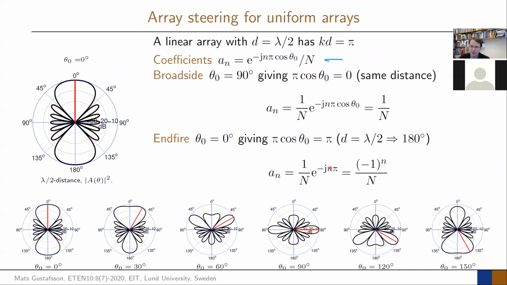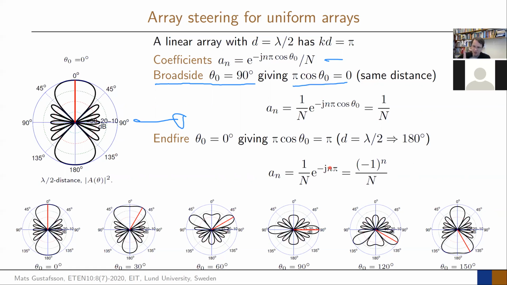If I put in different values, I can start with the broadside one. I say it should radiate straight out. What that says is that I should put in my theta 0 as 90 degrees. Cosine of 90 degrees is 0, so the phase factor gives 0.